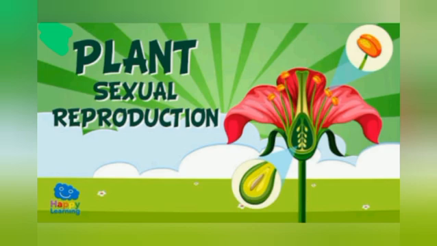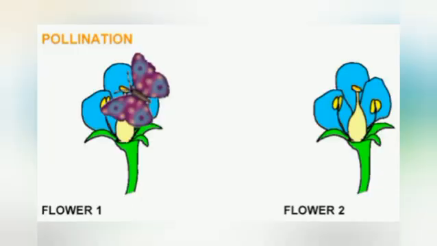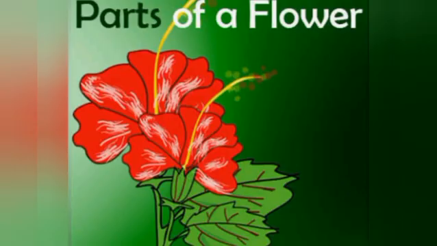And all other ways of reproduction without seeds are called asexual reproduction. Sexual reproduction occurs in a flower by the process of pollination and fertilization. To understand how seeds are formed in a flower, first we have to understand the parts of a flower.